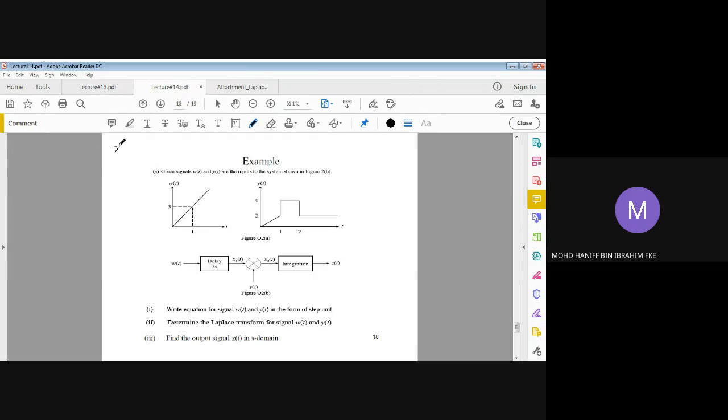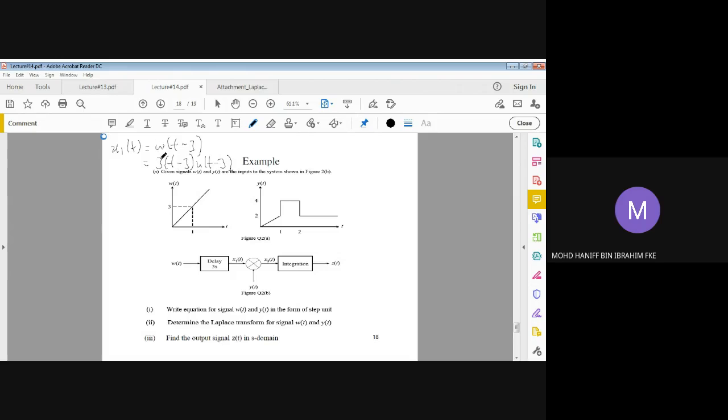So x1t shall be equal to wt minus 3, in which the equation in time domain should be 3t minus 3 of ut minus 3, because previously we know that wt is 3t ut. So when we delay by 3 seconds, it should be 3t minus 3 ut minus 3.